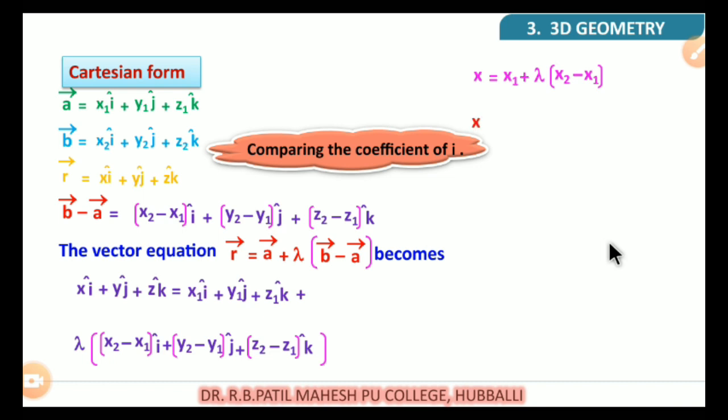Similarly, we transfer x1 to this side: x minus x1 is equal to lambda into the bracket of x2 minus x1. Therefore we can separate the value of lambda here. So lambda can be written as x minus x1 divided by x2 minus x1.